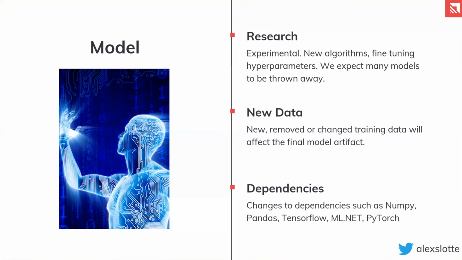New data, of course, will cause the model to change, but the important one here is dependencies. So you, of course, use all kinds of open source software when you train models, like NumPy and Pandas, TensorFlow, PyTorch and scikit-learn. If you change that dependency version, that can definitely cause the model to change.